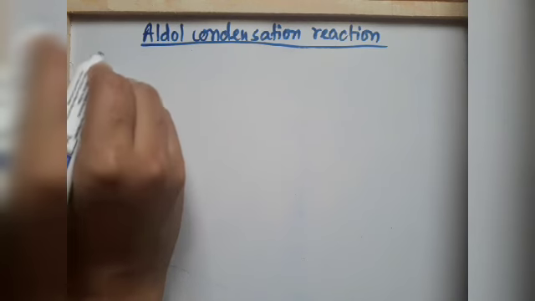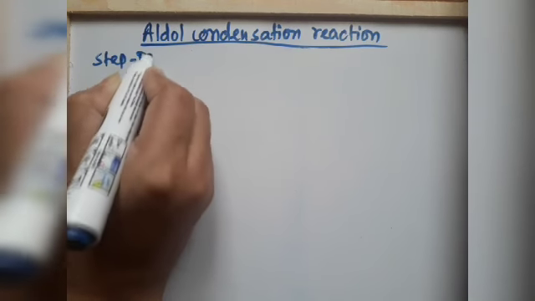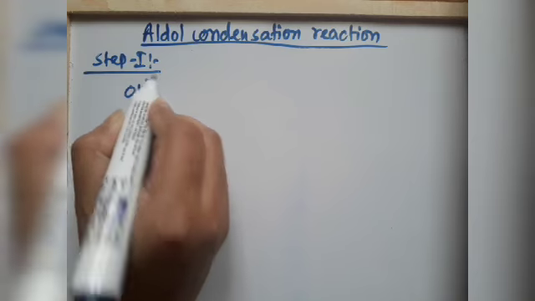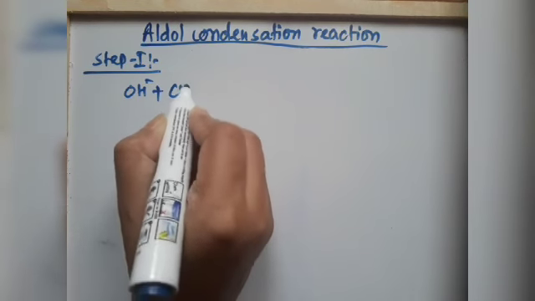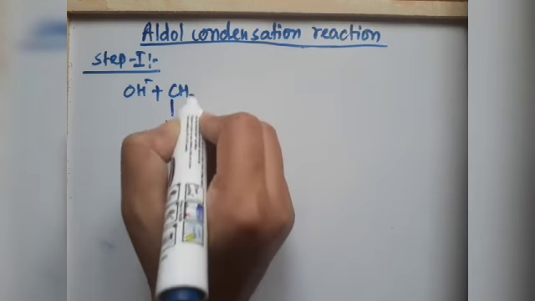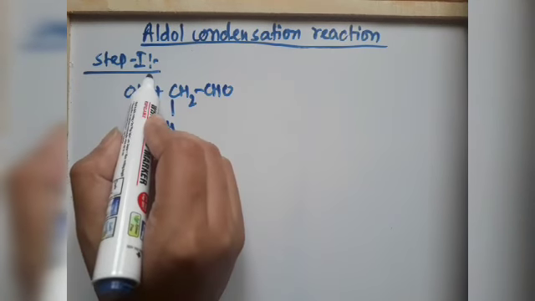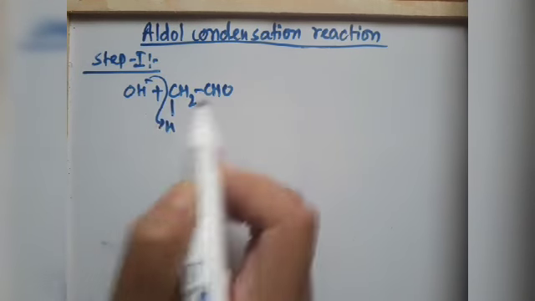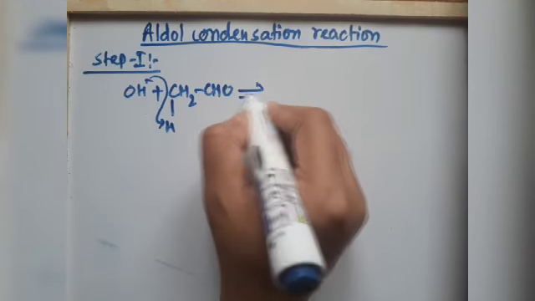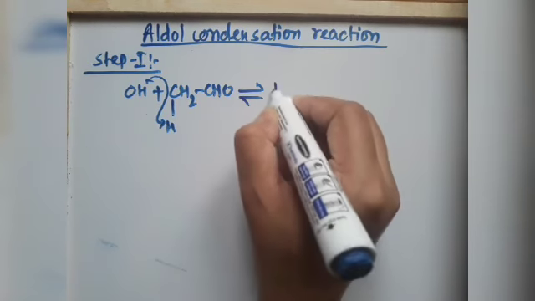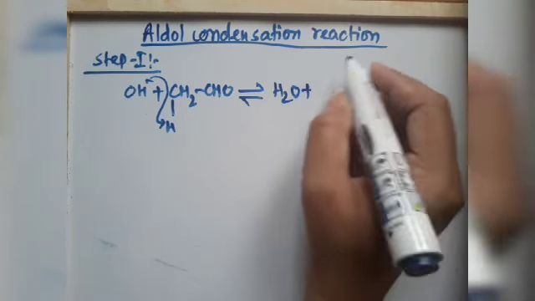So step 1. As OH minus is present in the medium, this will abstract the acidic alpha hydrogen from one molecule of acetaldehyde, forming a resonance stabilized enolate ion along with the liberation of a water molecule.